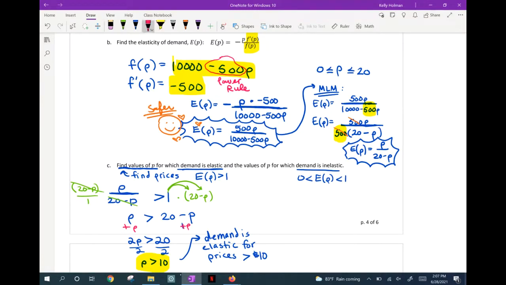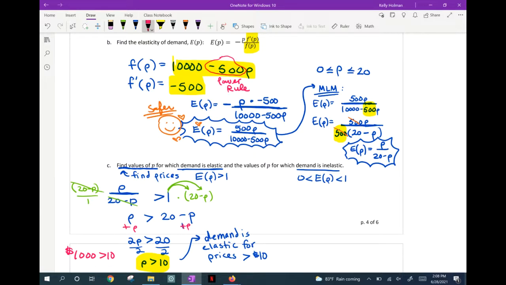Could price be 1,000? 1,000 is greater than 10. Could my price be $1,000? Yep. Good job, Alex. They are right.